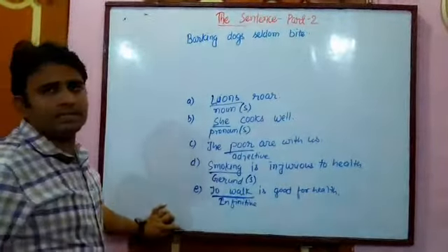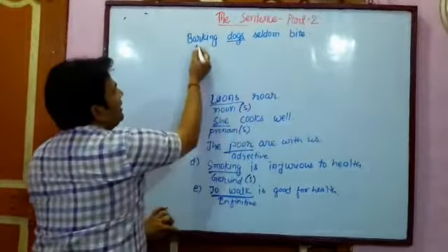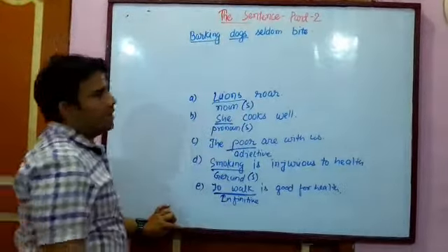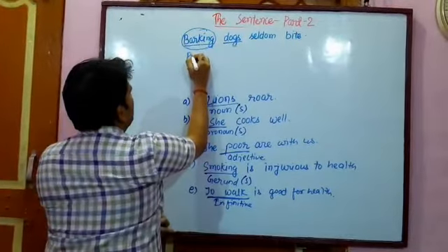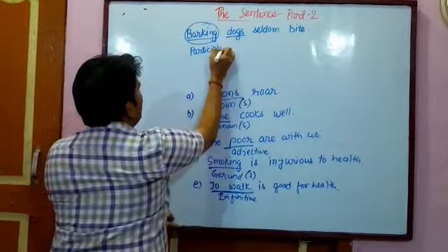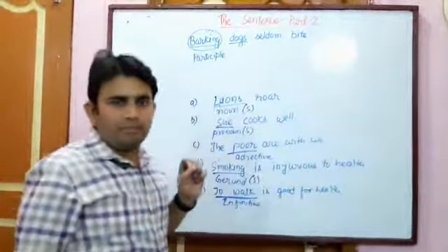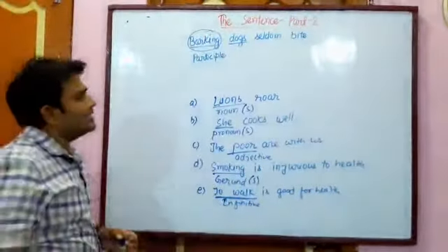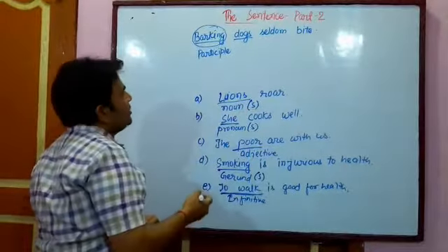In this sentence, there is a word dogs and another word barking. So barking is a participle. It is a kind of verb but acts as an adjective. So the participle acts as a subject here.